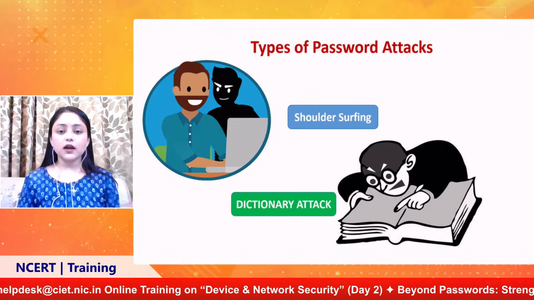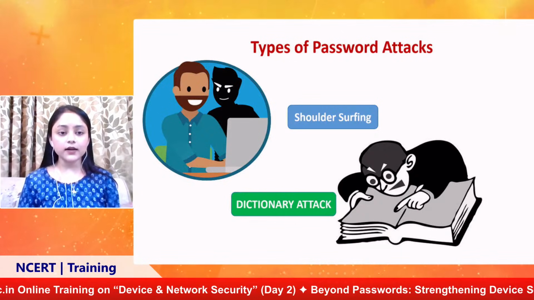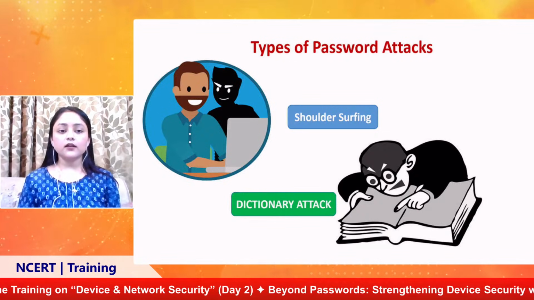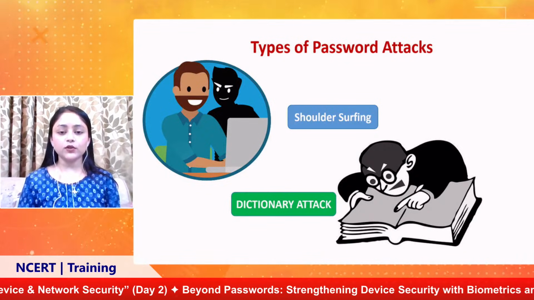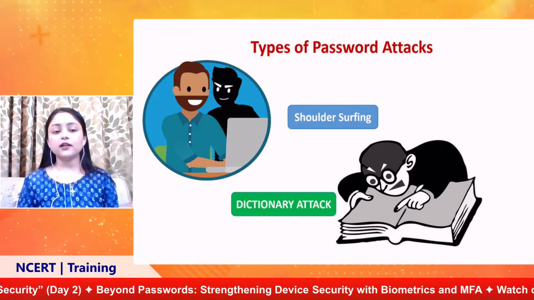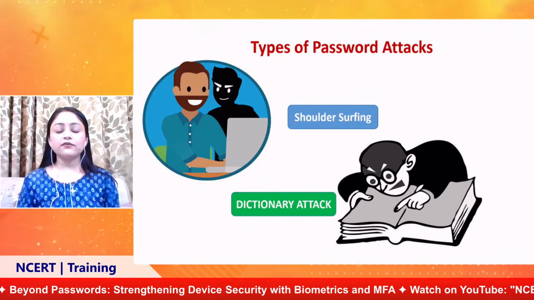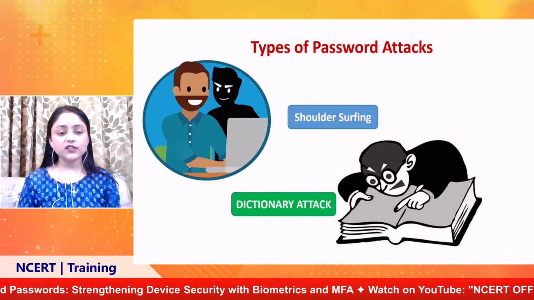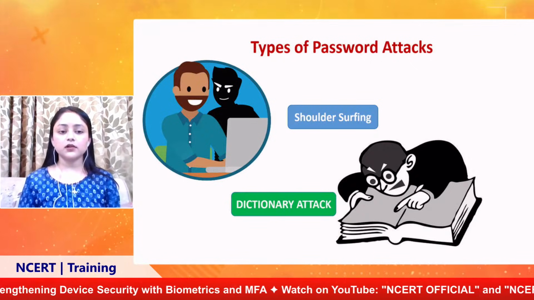We should make ourselves alert that no one should watch whatever I am doing on my screen. Whenever we are using lifts also, we should avoid using mobile phones, because there is a CCTV camera that can capture our screen.